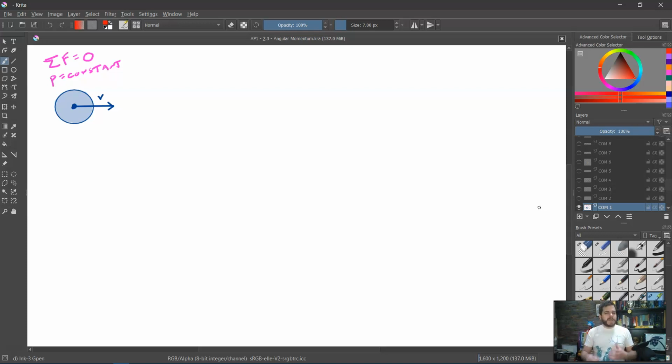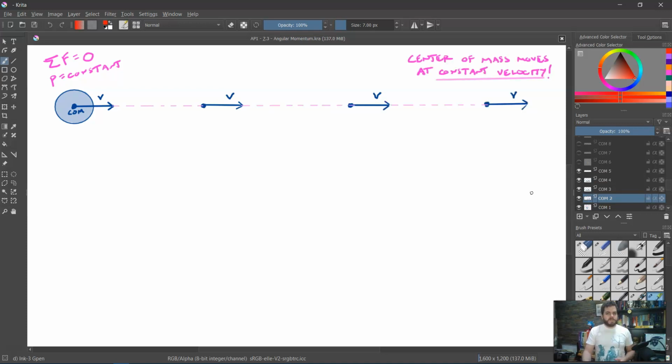And we learned back in the linear momentum unit that if we have this scenario, then the center of mass will be at the center of the ball, and if the forces are balanced, this center of mass is going to continue moving at this velocity v, because the center of mass will move at a constant velocity as long as there's no net force.